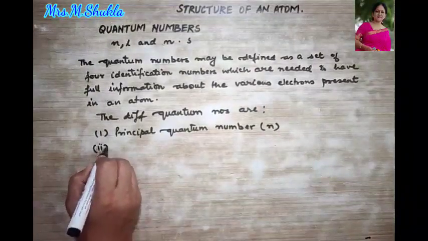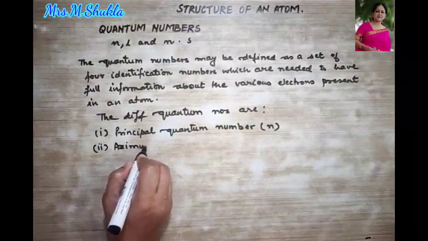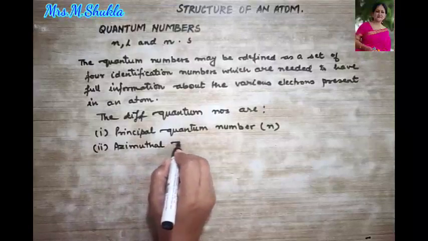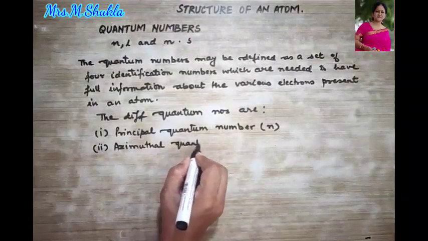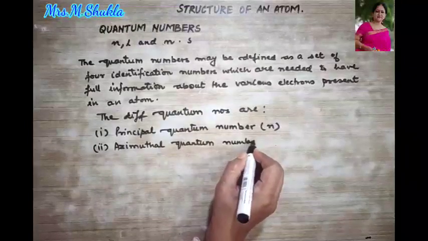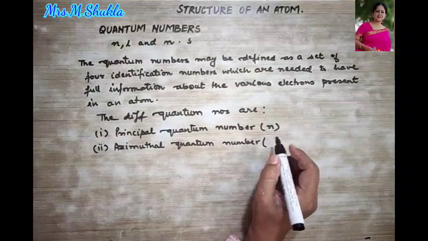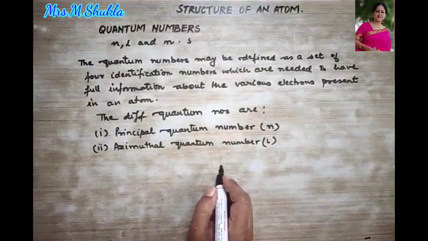Then the second one is the azimuthal quantum number, and the alphabet by which it is denoted is l.